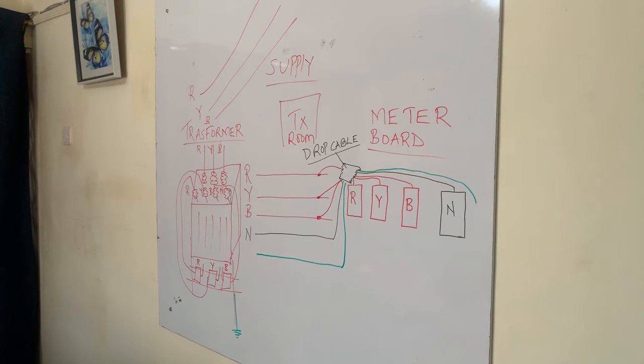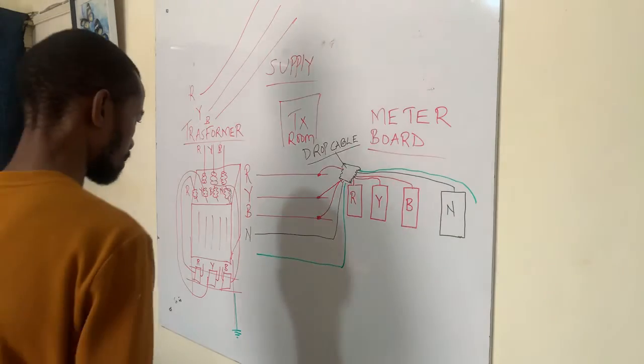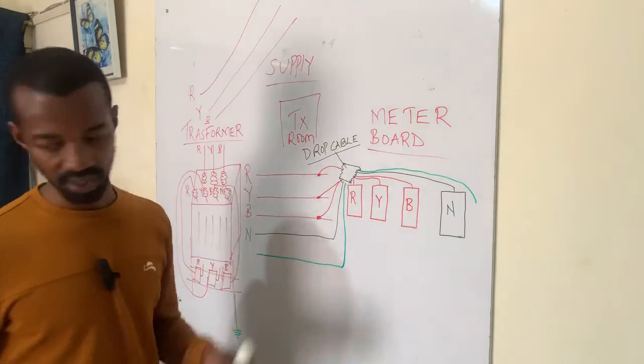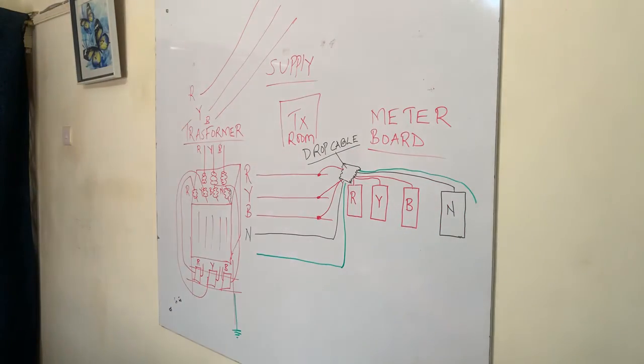Of course, if you have a transformer in there, you have three-phase machines or three-phase connectivities that require that type of connection. And so this is our meter board here being supplied by power from that transformer there.